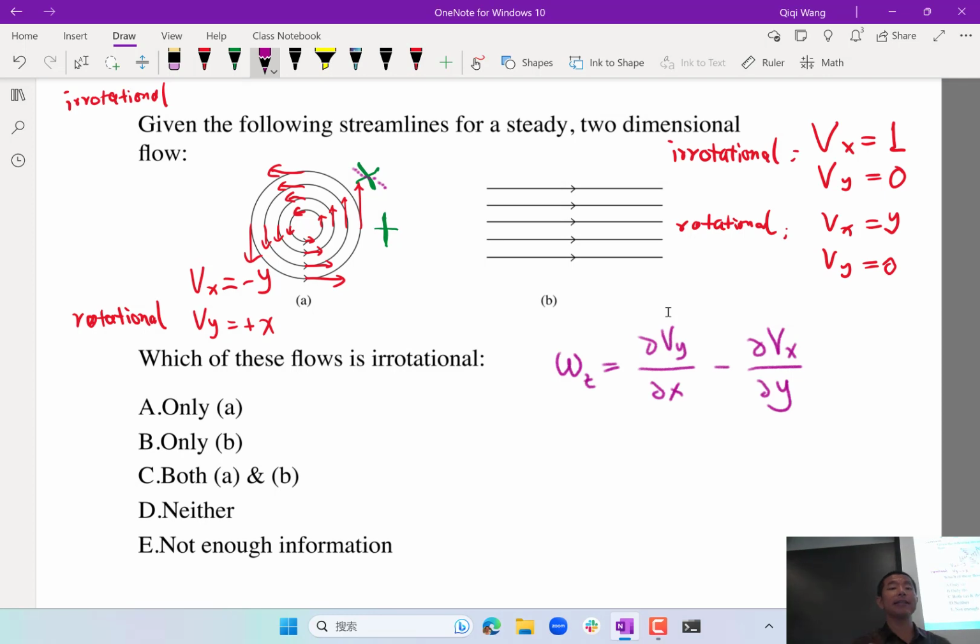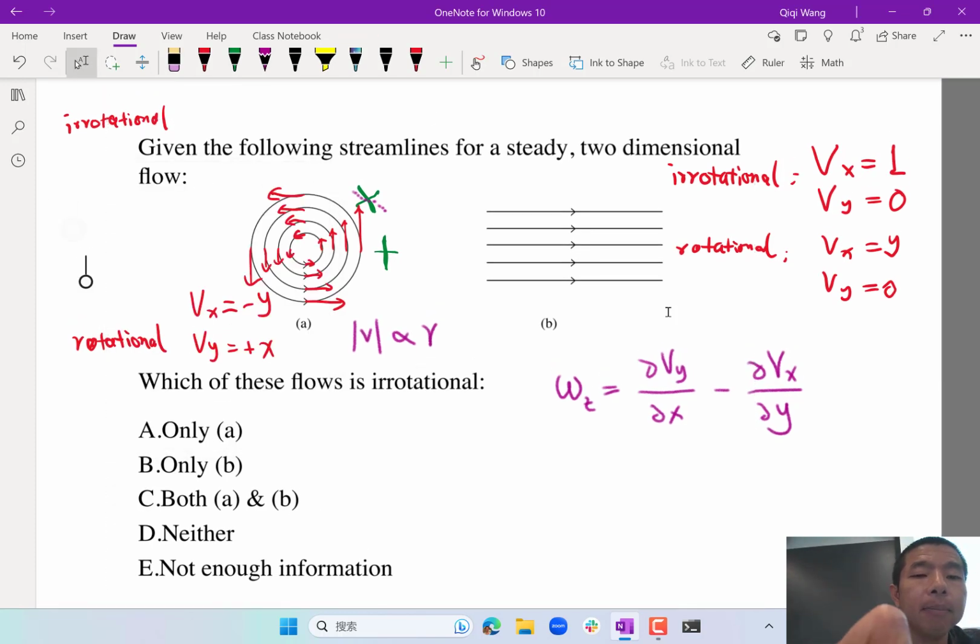So instead of the velocity magnitude being proportional to r, I want the velocity magnitude to be inversely proportional to r. You have to go through some calculus to actually figure that out. But this relationship, velocity magnitude proportional to 1 over r, exactly works out for the flow field to be irrotational.